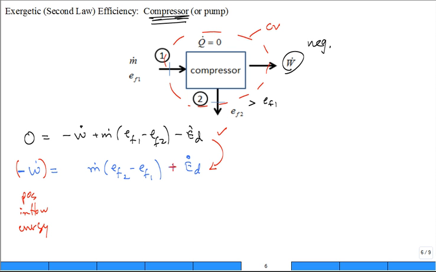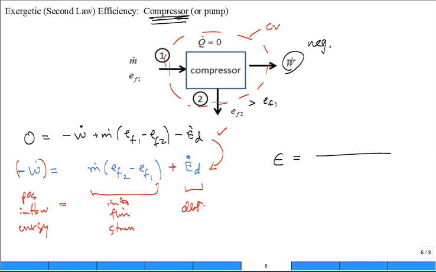So this is a positive amount, and it's the flow of exergy into the system, inflow. And where does it go? It goes into the fluid stream, or where does it go? Destroyed. Which one do we like? We like to get it into the fluid stream. Which do we not like? Destruction. So you could see this is a good definition of the exergy efficiency for a pump or compressor.